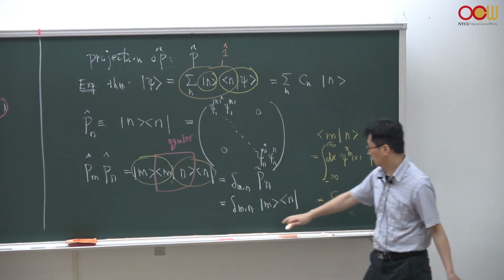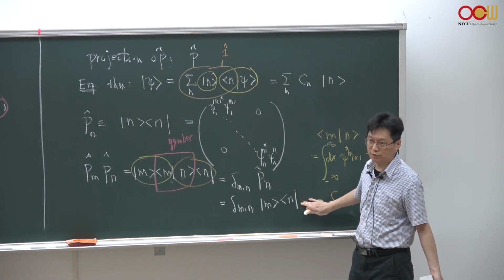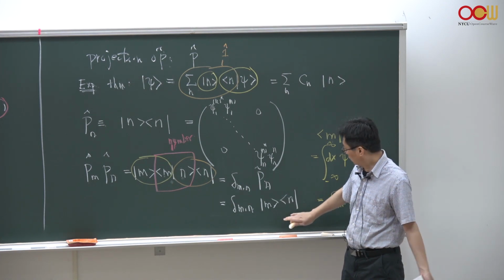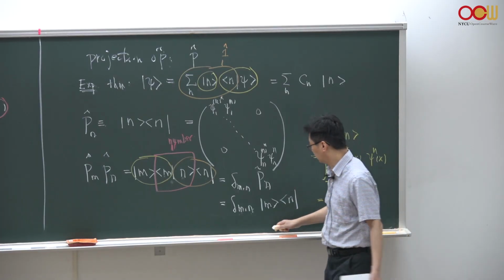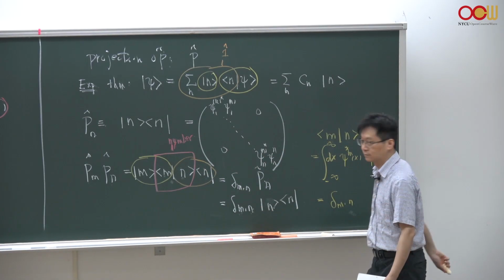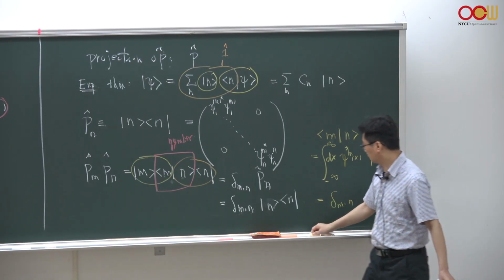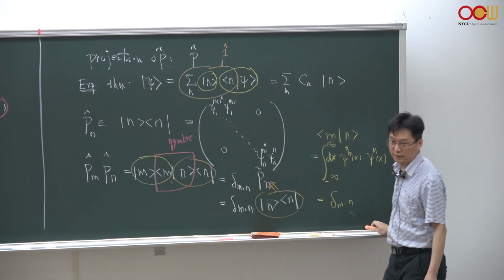But you know that when m is not equal to n, this term vanishes, and this term survives only when m is the same as n. As a result, this is the same as you simply replace m by n. Okay, but what is this? Well, this by definition is the projection operator, Pn.